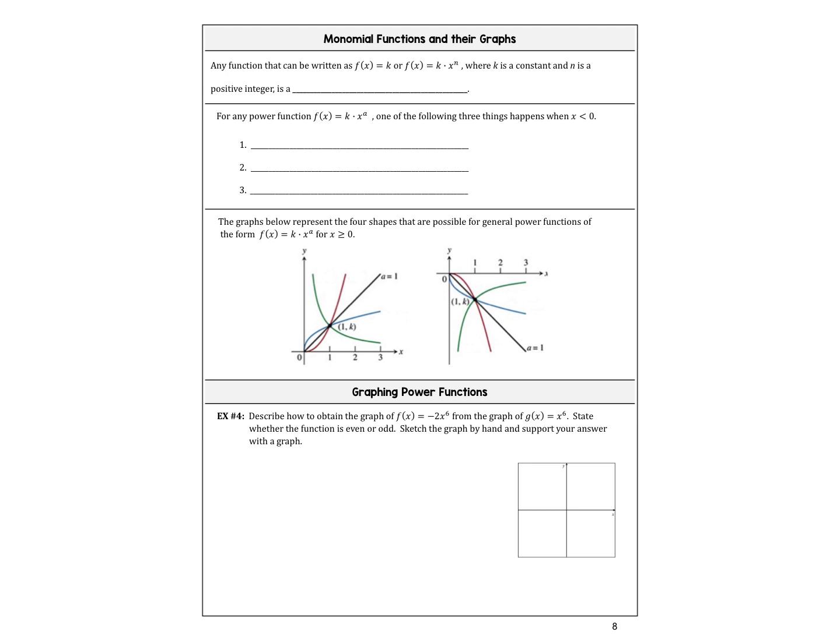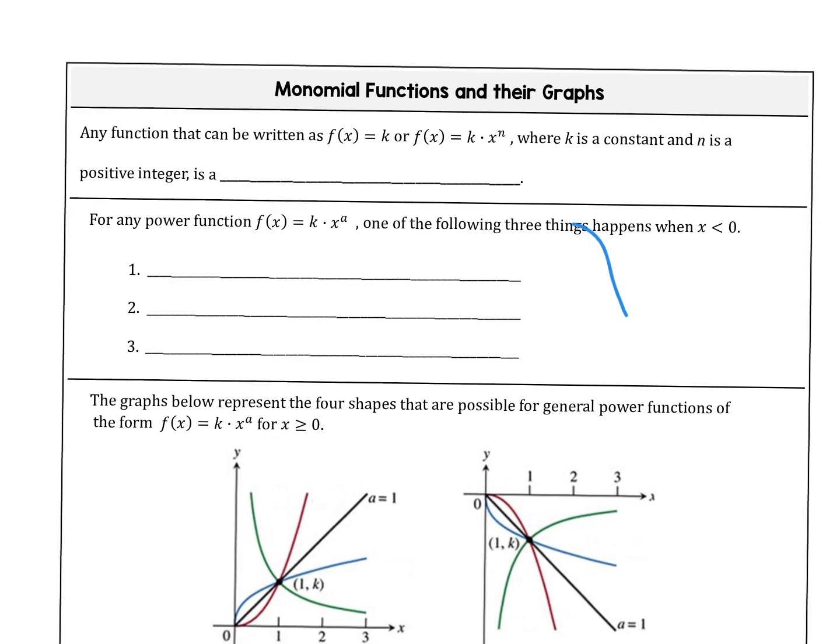So, cruising on. Monomial functions and their graphs. These are going to be super, super simple because they are one term only. Anything where k is a constant, in other words, anywhere we have one single term like this, no pluses or minuses, it's called a monomial function. So for any one of these that's a monomial function, one of three things happens, guys.